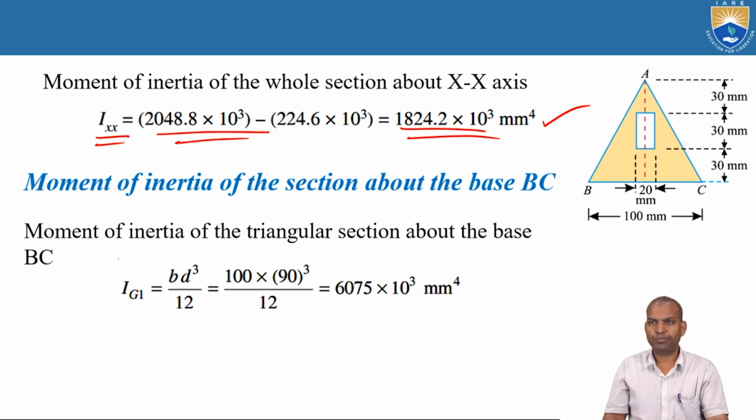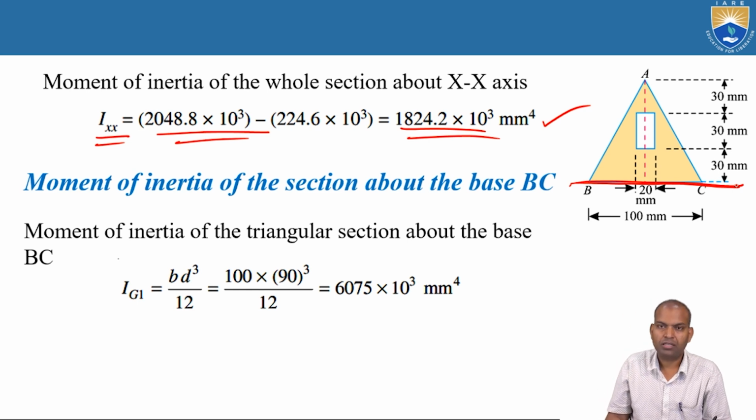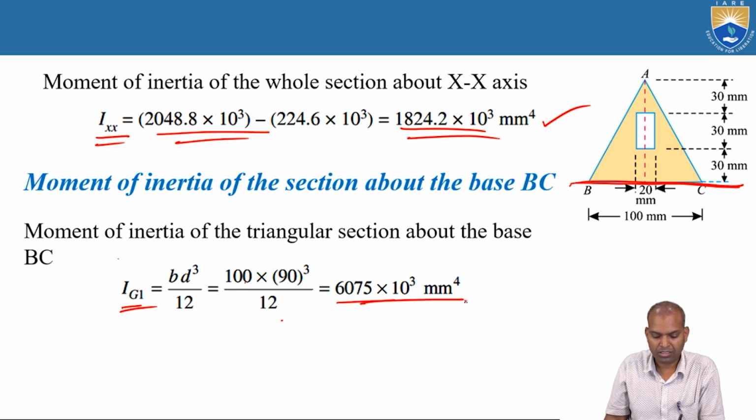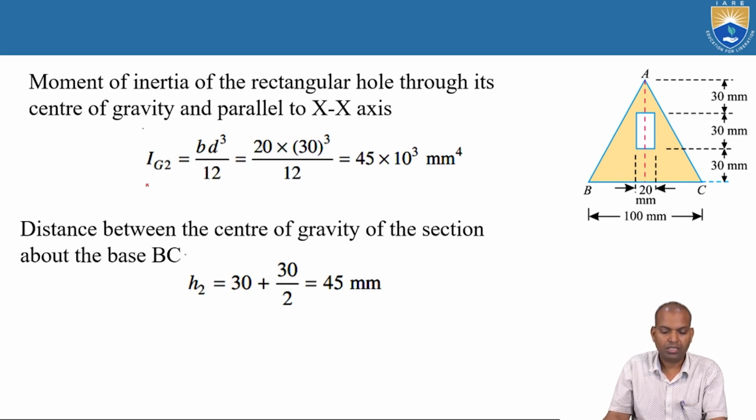Now the second part is that we also want to calculate the moment of inertia of the section about the base. We want it about the base. About the base, Ig1 equals bd cubed by 12, then 100 times 90 cubed by 12, that is 6075 times 10 cubed millimeter to the power 4.